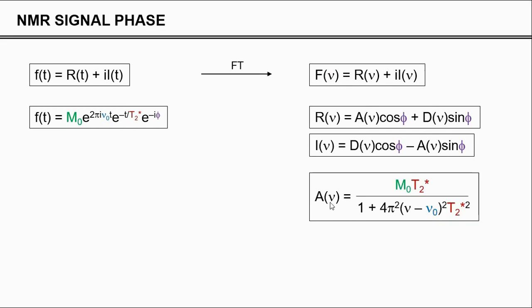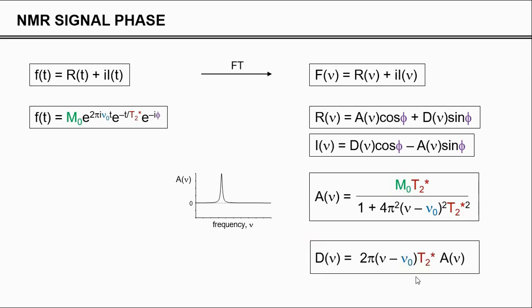The equation of the absorption I've already shown earlier, and that corresponds to our desired signal, all positive intensities as narrow as possible. The dispersive component is given by this equation and corresponds to the one that we are not so interested in. It has very broad, long tails, has net zero intensity, is broad.